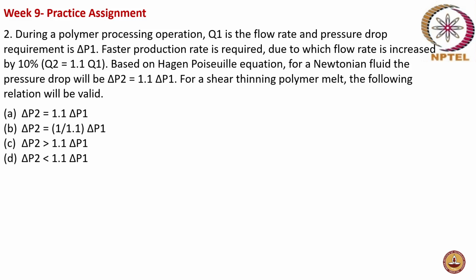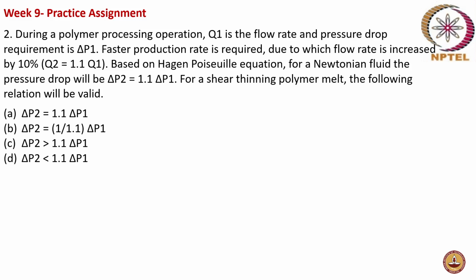Now they are asking, in case this Newtonian fluid is replaced by a shear thinning polymer, then for the second set of flow rate, that is the 10% increased flow rate, what will be the pressure drop? That is their ultimate question.